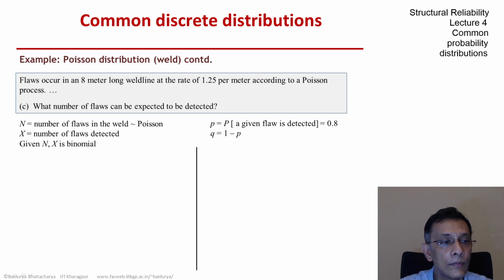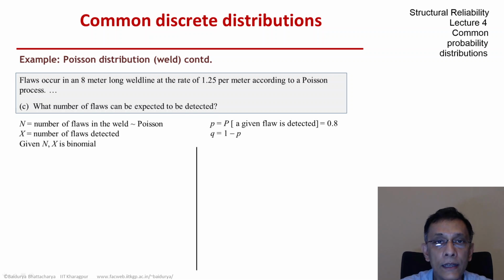It's important to recognize that if I fix the value of N, if the number of flaws is known, then the number of detected flaws would be a binomial random variable, because I have a fixed number of trials and each of them has a certain probability of success and they are mutually independent.